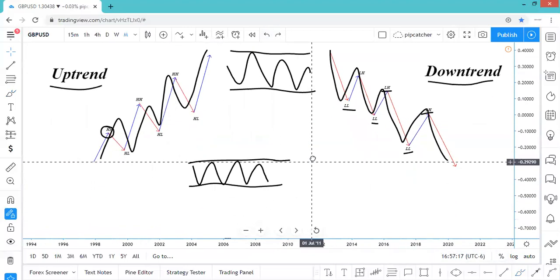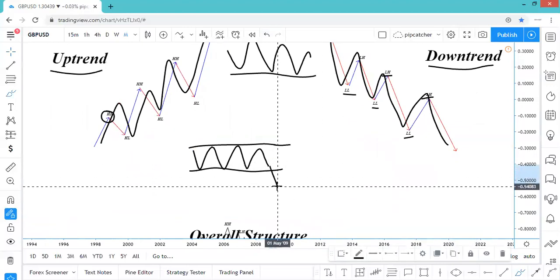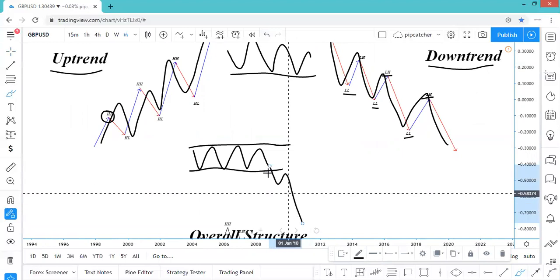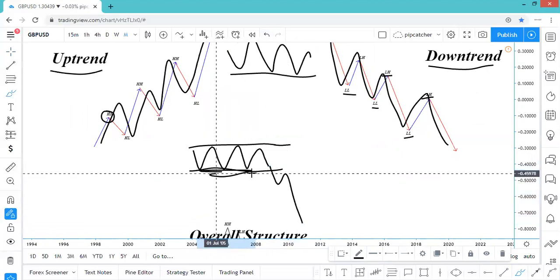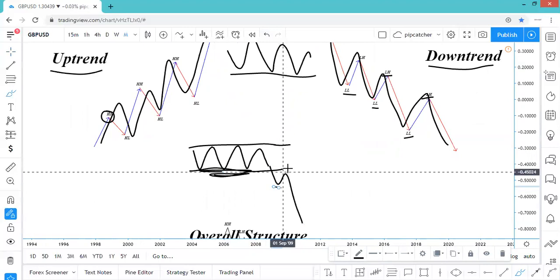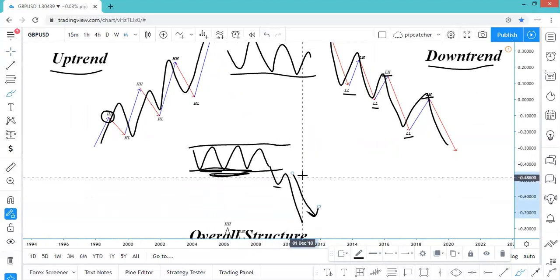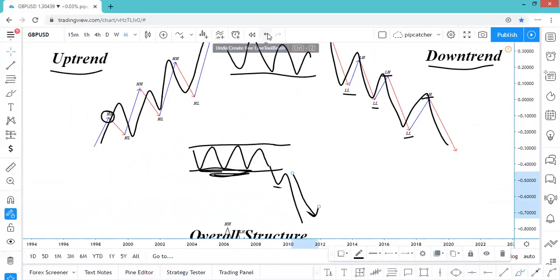If the market trades down like this, and breaks these lows and creates a new low, I know that we could potentially continue to have a bearish market.